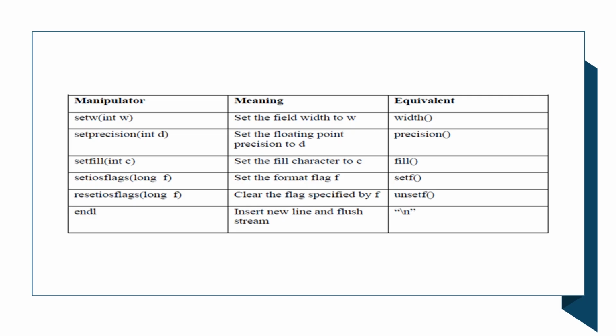This is the manipulator and this is the equivalent function in the formatted functions. setw(int w) sets the field width, and both are equivalent. Setprecision(int d) means after the decimal point, how many digits should be present, and this is equivalent to precision. Setfill(int c) fills the character, equivalent to the fill function. Setiosflags sets the format flag, and resetiosflags clears the flag.